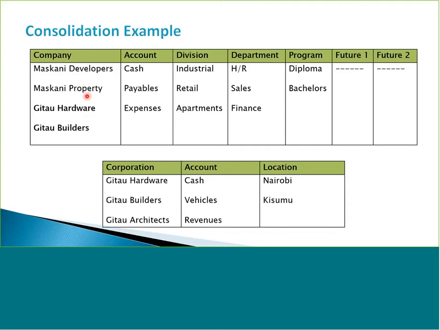So when we are doing segment rules in chart of accounts mapping, we tell Oracle that if you detect Gitao hardware in the subsidiary, which is 01, then it is converted to Gitao hardware in the parent, which we will give a value that fits the rules of this value set.